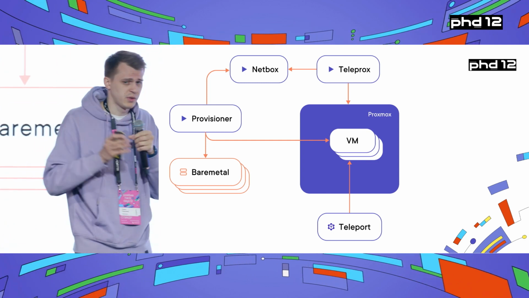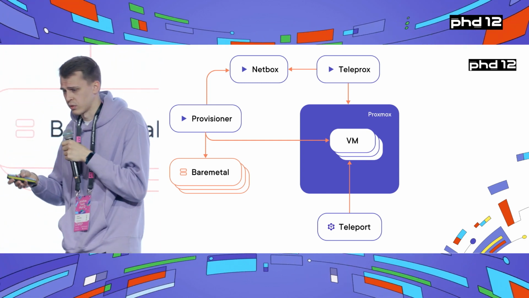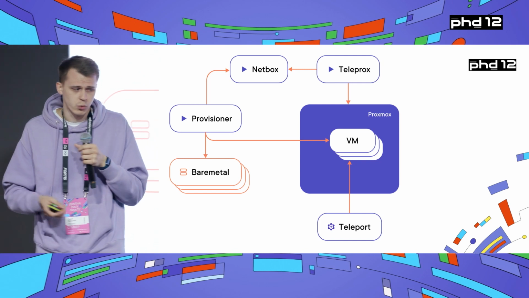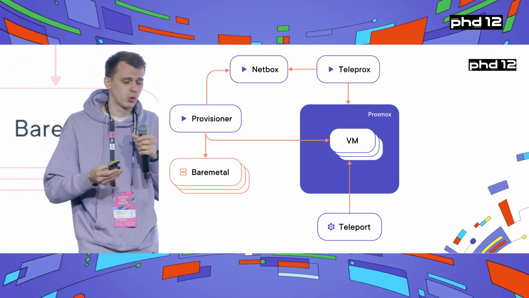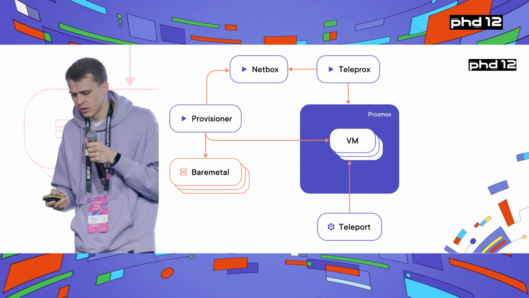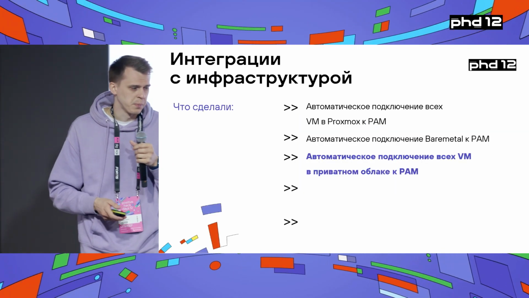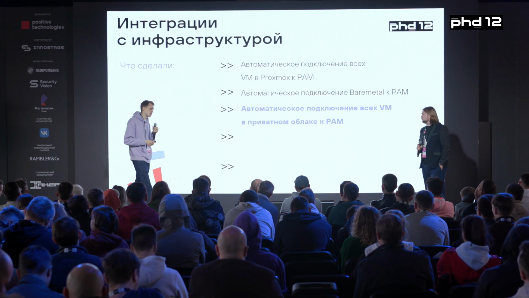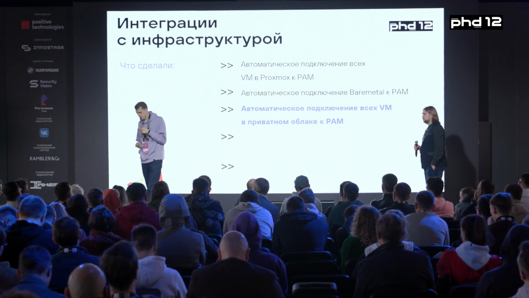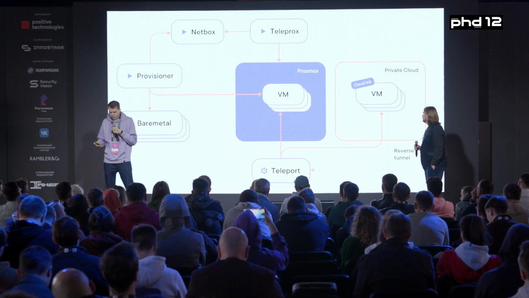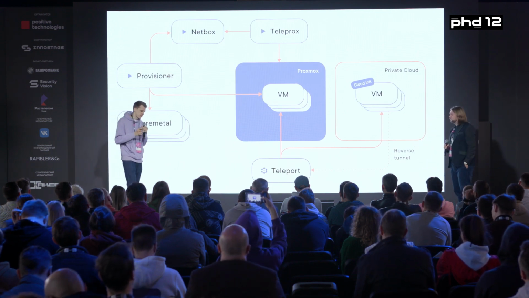Okay, we did the same for bare metal. All our bare metal today is created with the tags required and connected to Teleport in an automated way. So the users, the owners, can have access, and those who have ordered the roles can also have access. The final step to integrate the server infrastructure was integration with a private cloud.